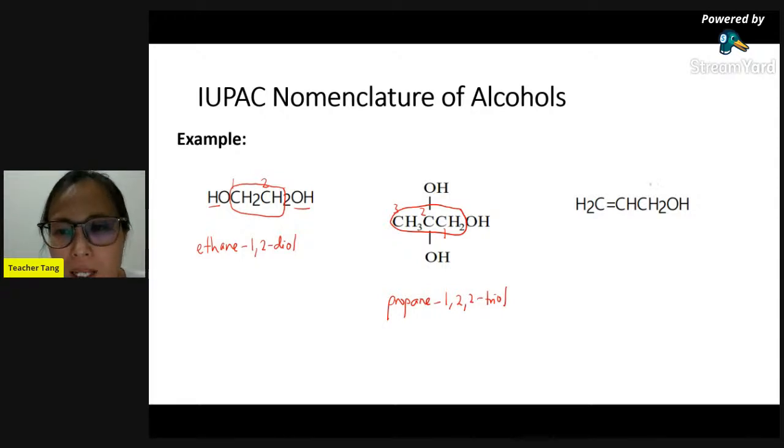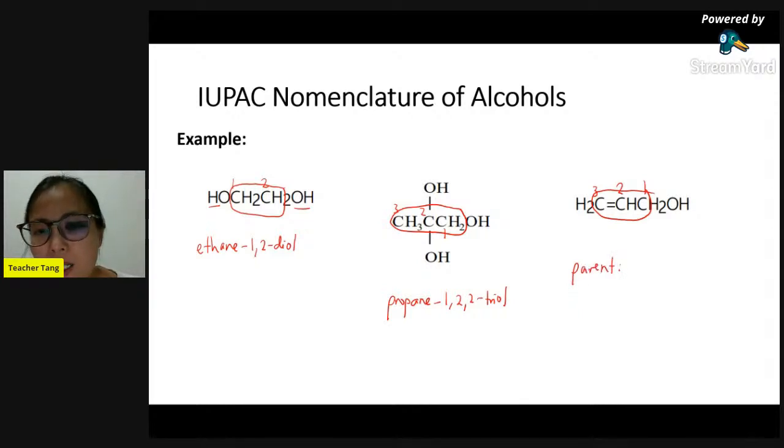Okay, so then we move on to look at the next one. So this is the parent. Remember, the hydroxyl group has higher priority than the carbon-carbon double bond. So this should be carbon number 1, number 2, number 3. Can you see that this is propene? But now we have an alcohol, so propanol.